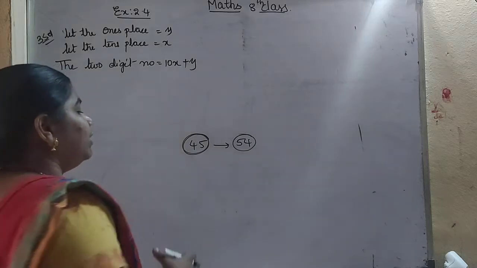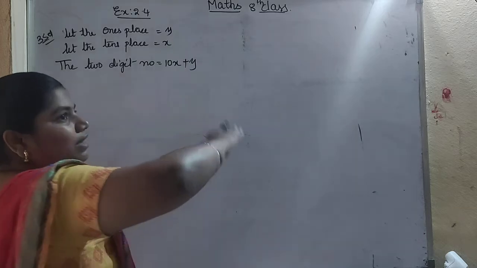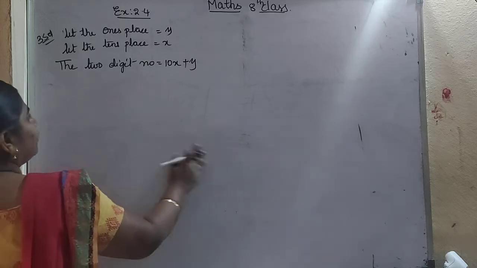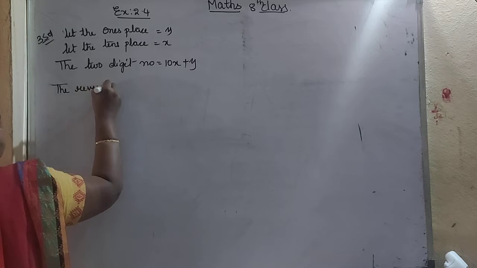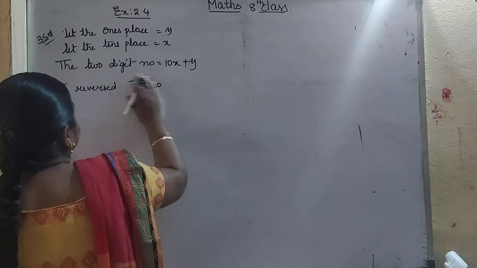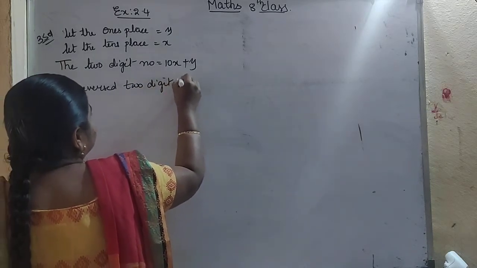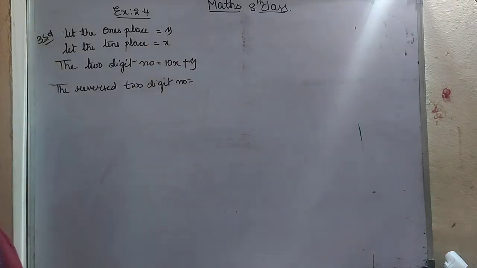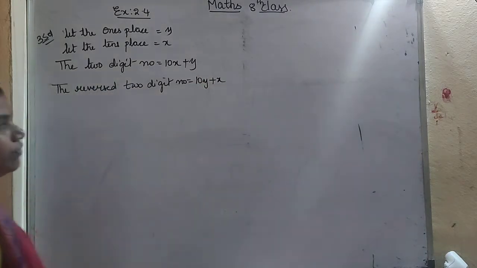In the same way, they are telling that if you are subtracting 27 from this number, then the digits will be reversed. So what are the reversed values? We will see. The reversed 2-digit number is, what it becomes is y will be in this place and x will be in that place. Okay, so it will be 10y plus x. So this is the reversed value.